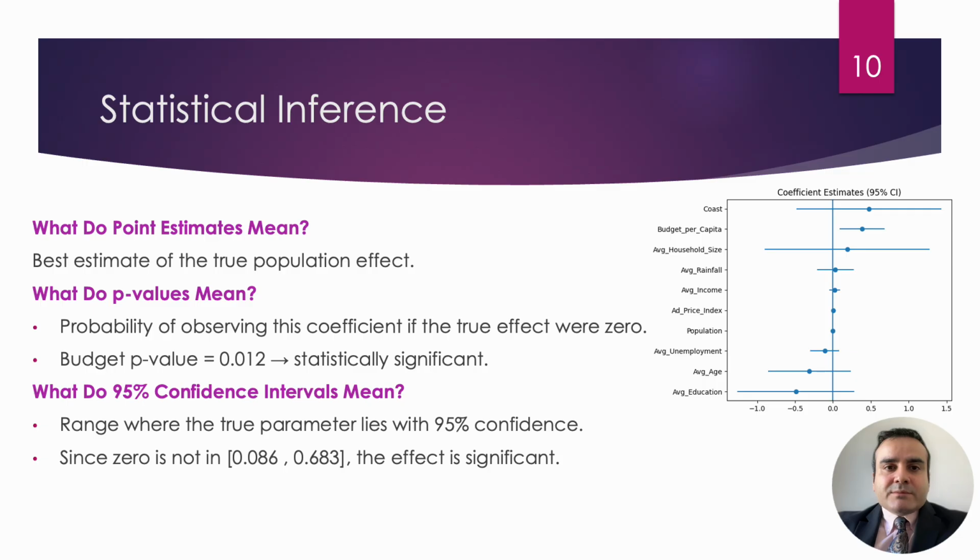The 95% confidence interval provides a range of plausible values for the true effect. Because 0 is not inside the interval, the effect is statistically significant at the 5% level. Together, these measures confirm that the relationship between budget and revenue is positive and statistically reliable.